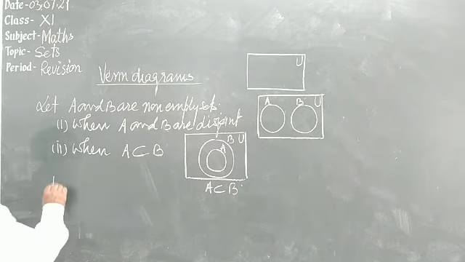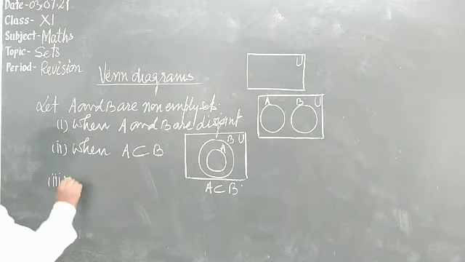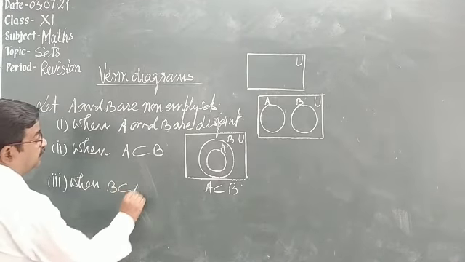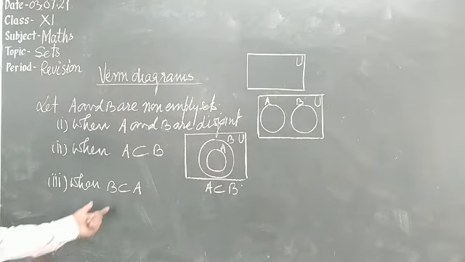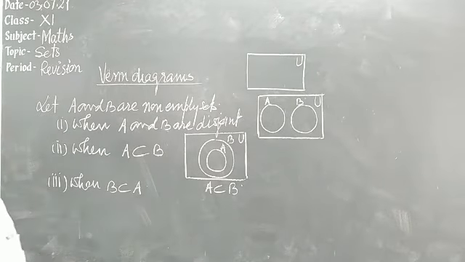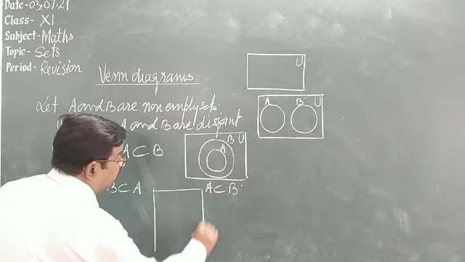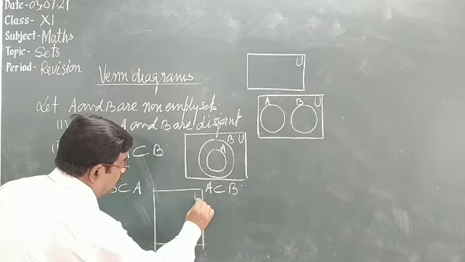Third case, when B is a subset of A, meaning all the elements of B are found in A. For this, what is the Venn diagram? This is the universal set.